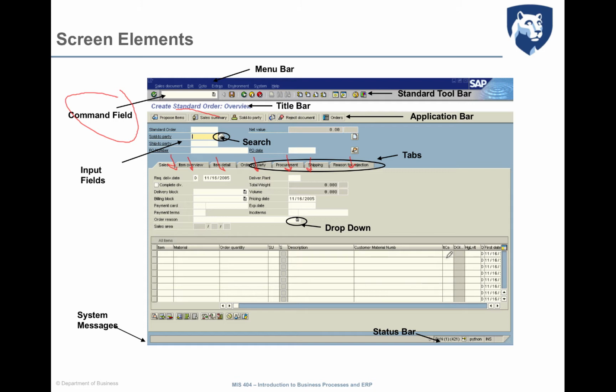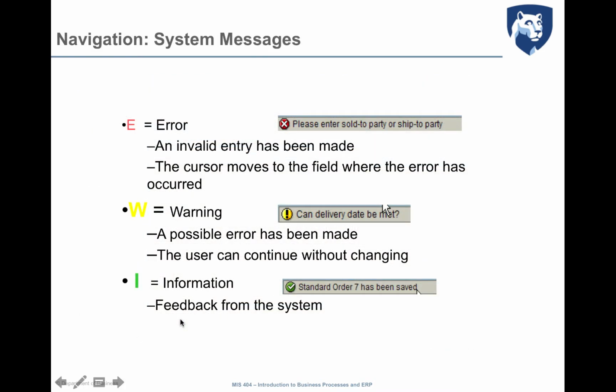Then on the bottom of the screen you have the status bar, and most importantly, the system messages. Why am I pointing this out? Because essentially with SAP ERP you can get three types of messages.